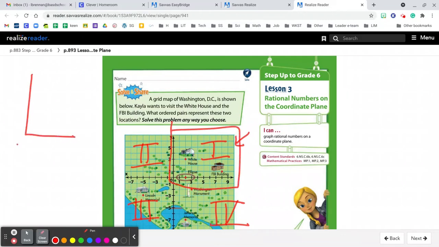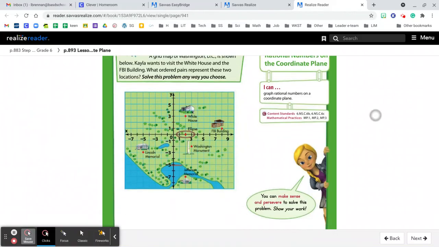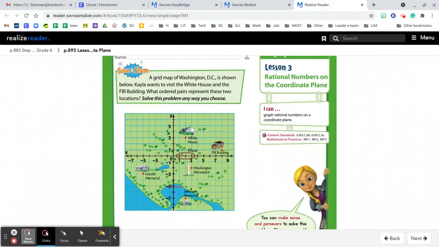So we would see it like this: 0, 1, 2, 3, and so on, all positive integers. What we're going to be looking at today is the 4 quadrants, which includes negative integers as well.